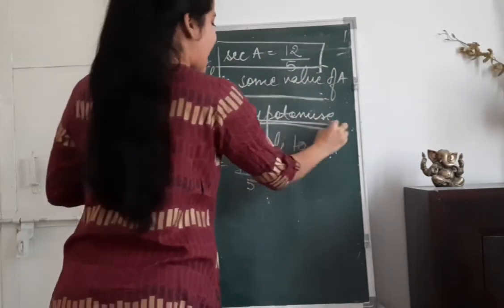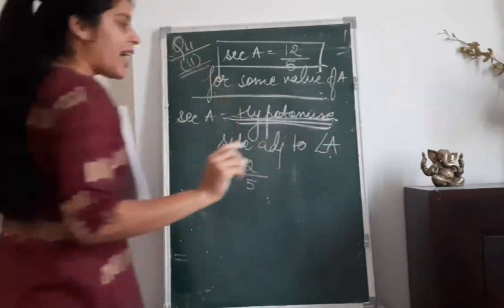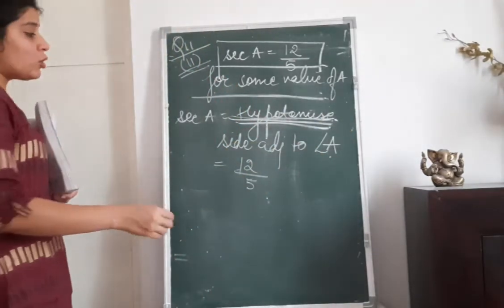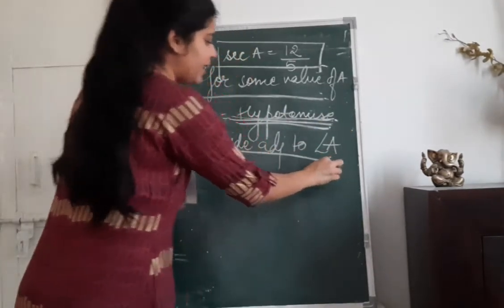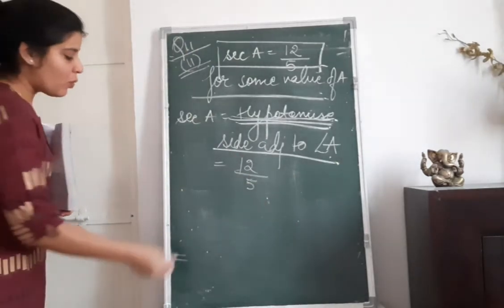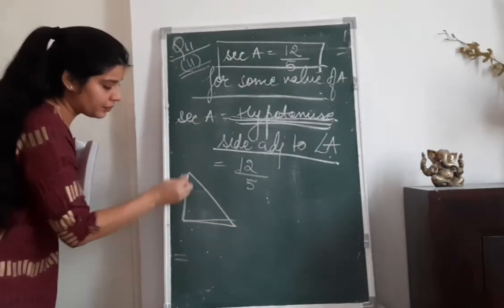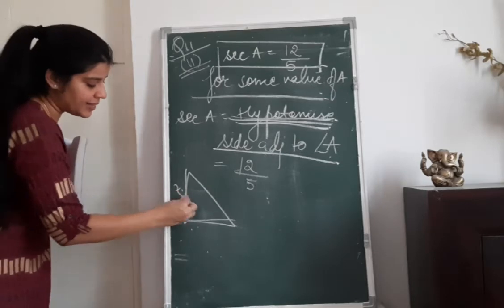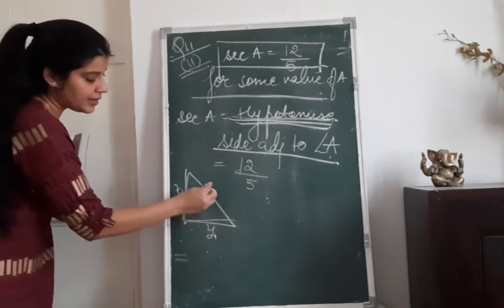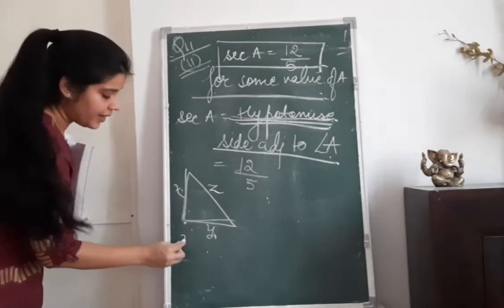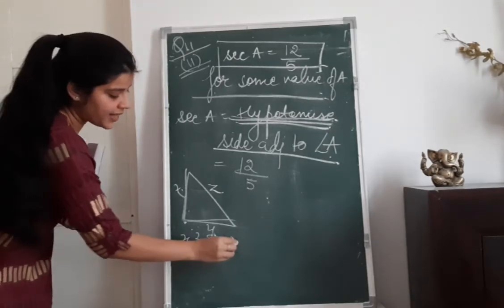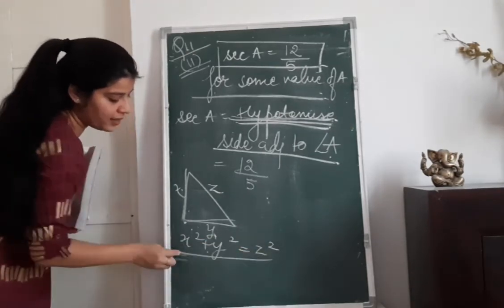Why? Because the hypotenuse of any triangle has to be always greater than the sides of that triangle. See, if this is x and this is y, then this is z, and x square plus y square is equal to z square.